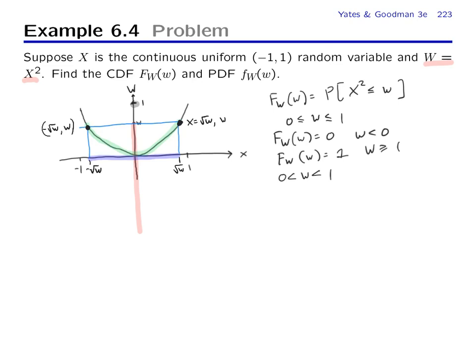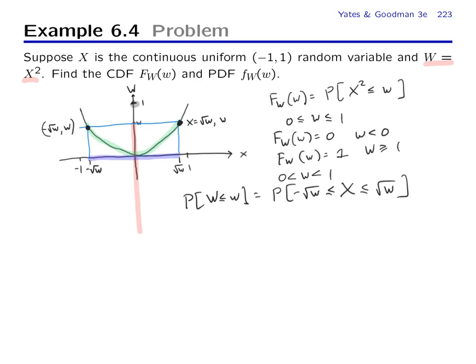What we see is that the probability W is less than or equal to w is the probability that x is between minus root w and root w. Now, the logic of this transformation, that W less than little w is that x is between minus root little w and root little w, in fact holds for any random variable x.